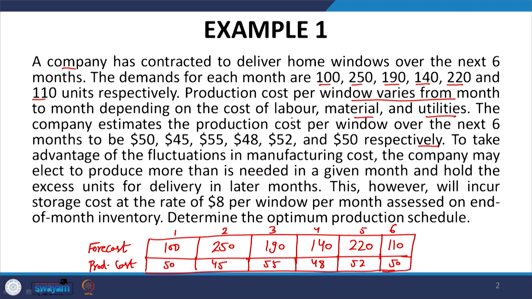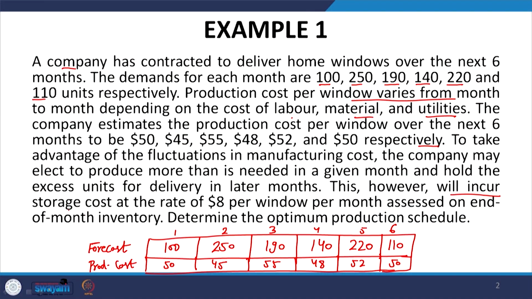This is because when you are holding the excess produced in a previous month and delivering it in a later period, you will incur the inventory holding cost, the storage cost, at the rate of $8 per window per month assessed on the end-of-month inventory. So, depending upon how many units are left at the end of a particular period, you have to pay the carrying cost, inventory holding cost or storage cost.